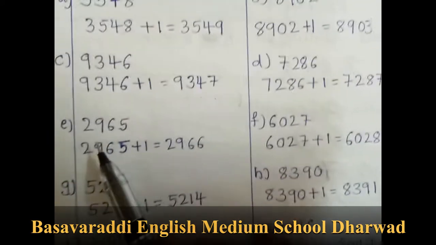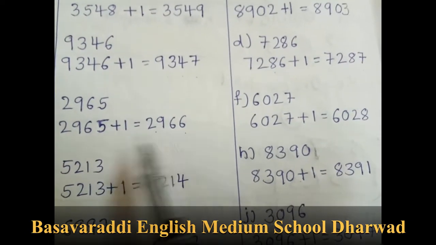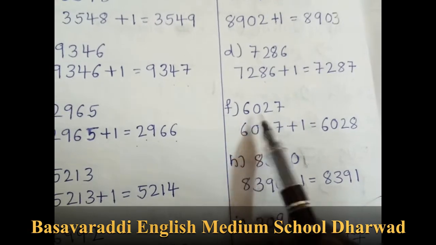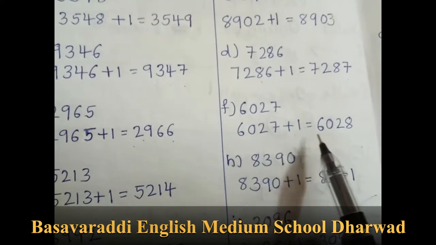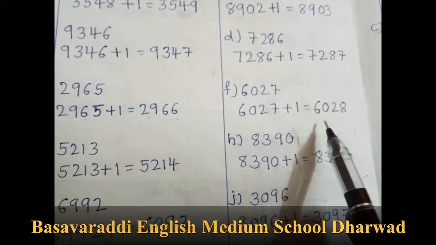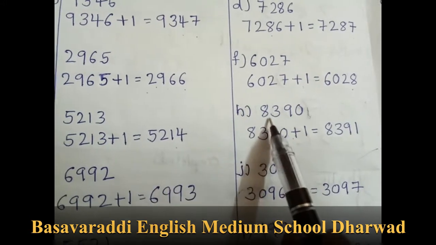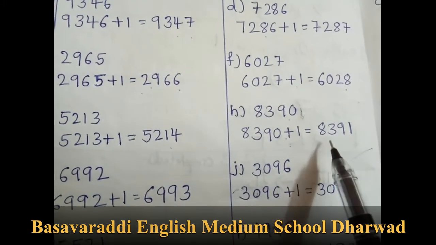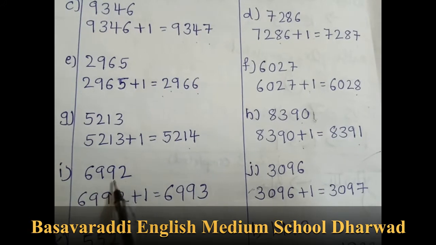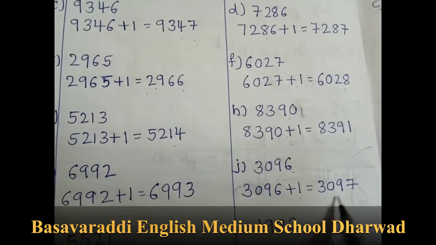So E1, 2965, the successor is 2966, because we are adding 1, that is just after, so 2966. 6027, if we add 1, that is 6028. 5213, the successor is 5214. 8390, the successor is 8391. 6992, the successor is 6993. 3096, the successor is 3097.